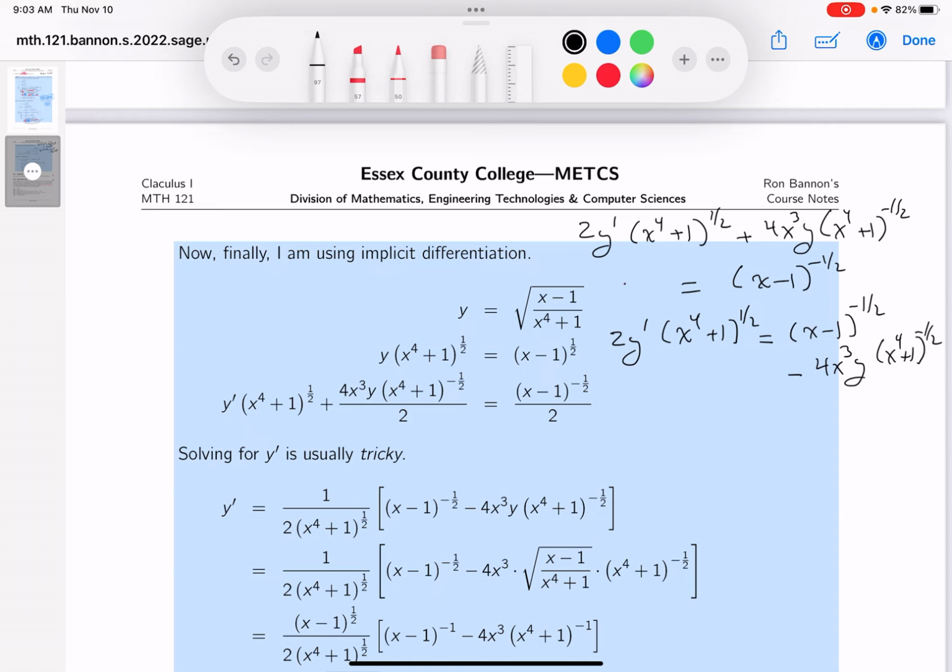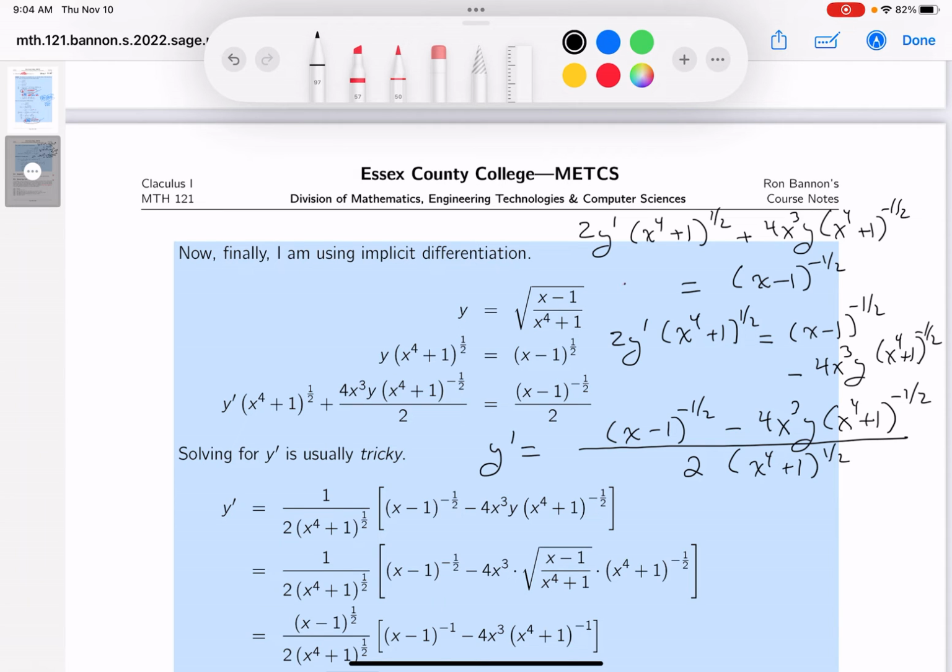And now I've got to divide both sides by the coefficient of y prime. Let me write that down for you. And y prime is going to equal (x minus 1) to the minus 1/2 minus 4x cubed y (x^4 plus 1) to the minus 1/2, divided by 2 (x^4 plus 1) to the 1/2 power.